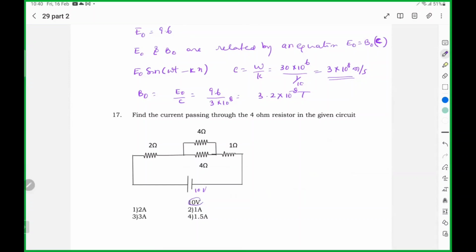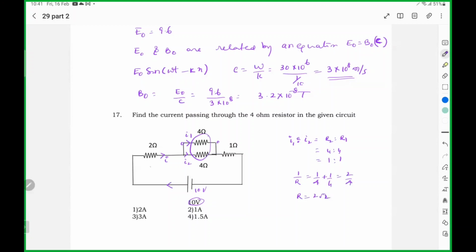It is 10 volts. So current is passing through the circuit. Since these resistors are parallel, the current will be distributed. Since resistances are equal, I1 is to I2 is, in fact, R2 is to R1 once they are connected. So here current will be distributed equally, and the effective resistance when they are connected in parallel, R here is 2 ohms.